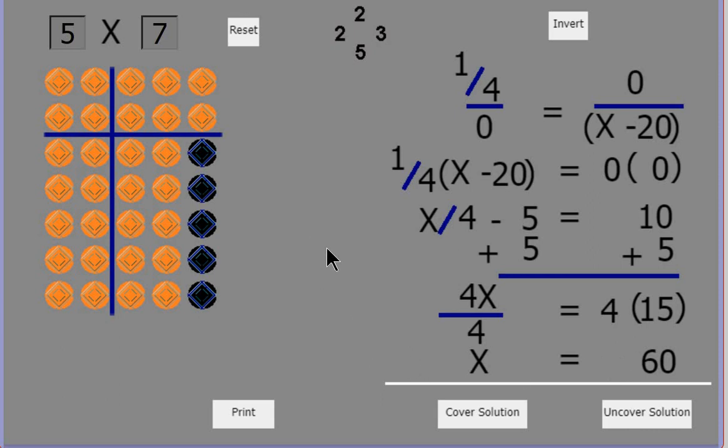The cross product, the product of any two non-adjacent areas. Any factors of the number of red disks filling the bottom right area of the array may be entered as the denominator of the ratio.